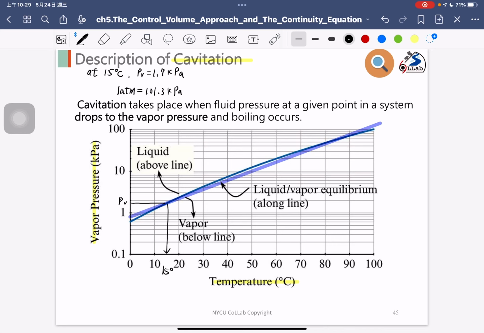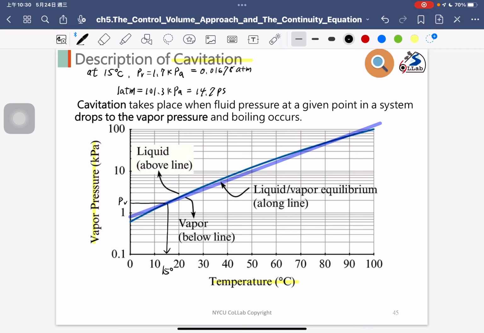So you can know how many atm we have. 1.7 divided by 101.3 will equal 0.0167 atm.